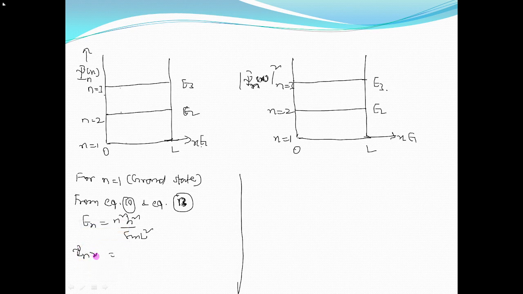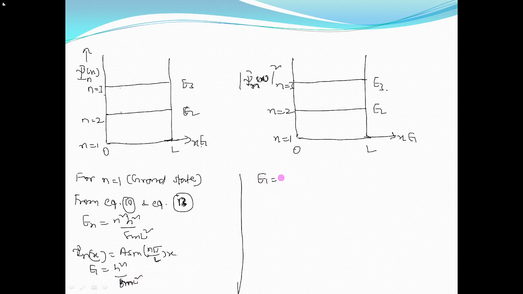Equation 13 is psi n x is equal to a sin n pi by L into x. For n is equal to 1, the ground state, you substitute n is equal to 1. We'll get E1 is equal to h square by 8ml square.